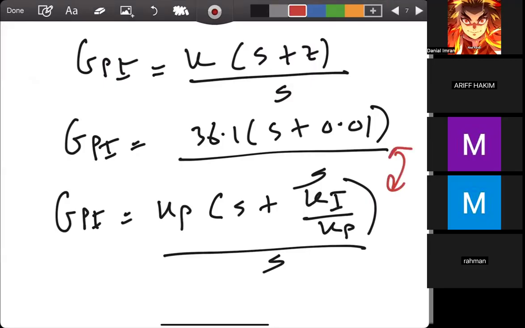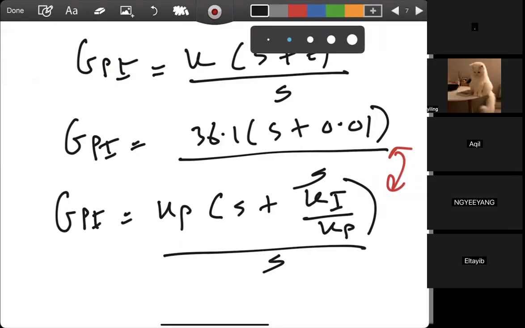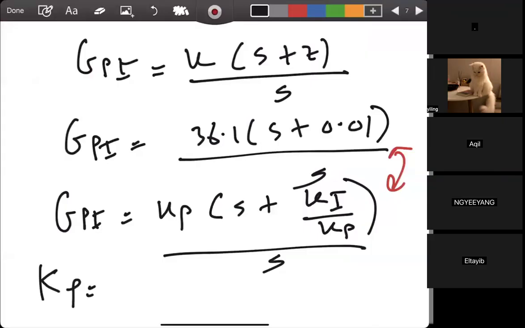Can you compare? Shazwina, are you there? Shazwina. Rahman? Rahman. Ya, doktor. KP berapa? Oh, Syahman, doktor. Rahman. 36.1. 6 point.